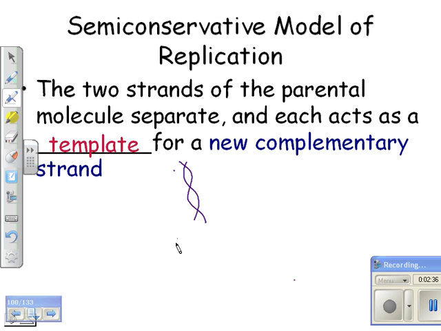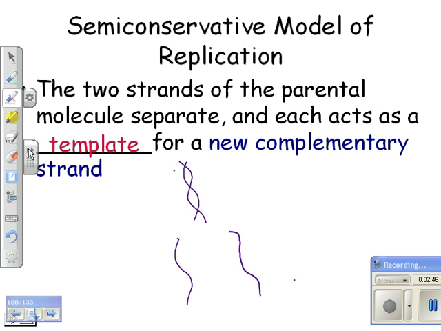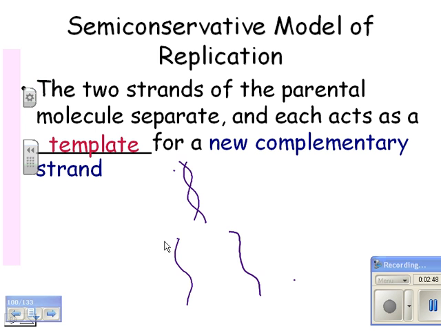Let's say this strand is over here, and this strand is over here. So this is the original DNA, and then I need a new color here. And then a new DNA molecule is built to match the old one, and a new one here is built to match the old one.